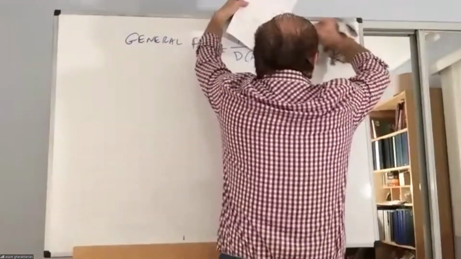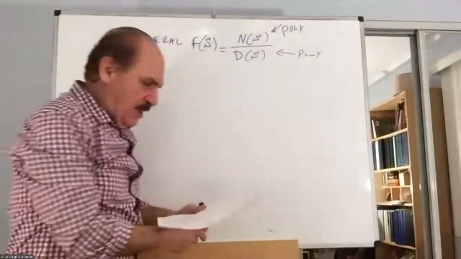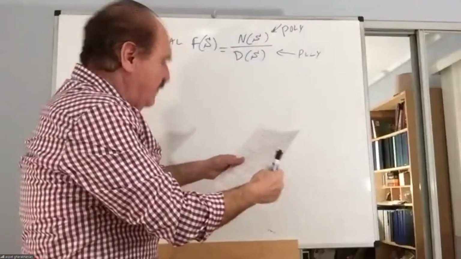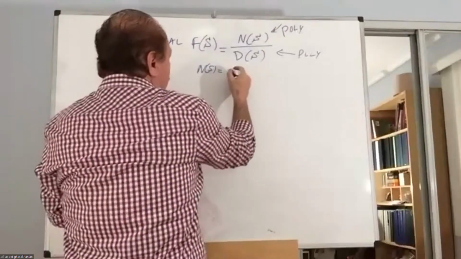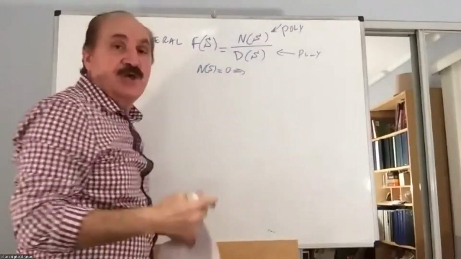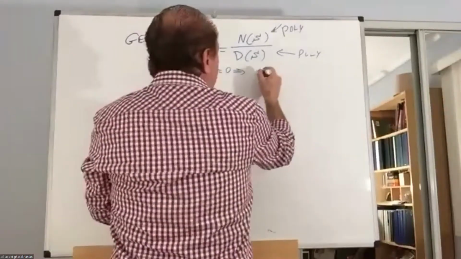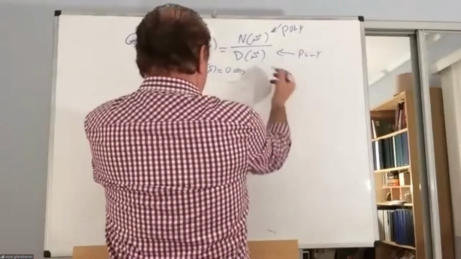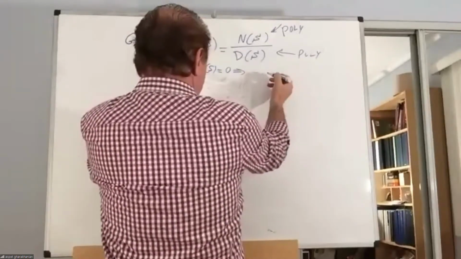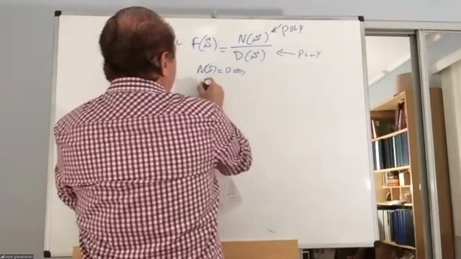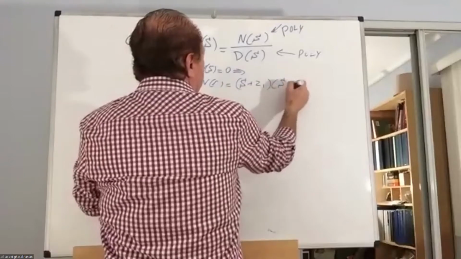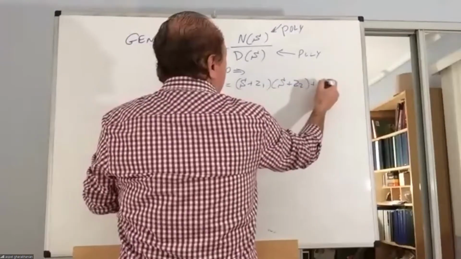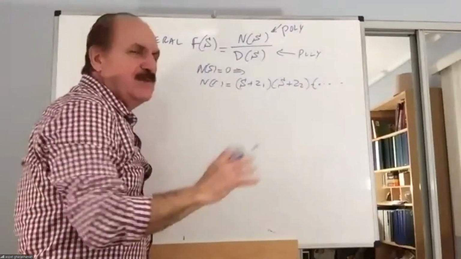These polynomials, for simplicity, if you set N of s equal to 0, you will get a set of roots, values of s. Typically N of s is, let's say, s plus z1, s plus z2, multiplied multiple parentheses.